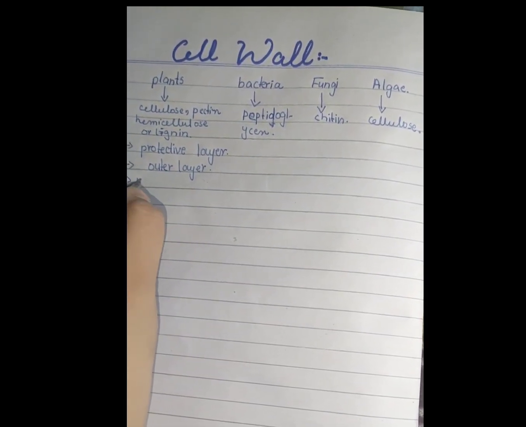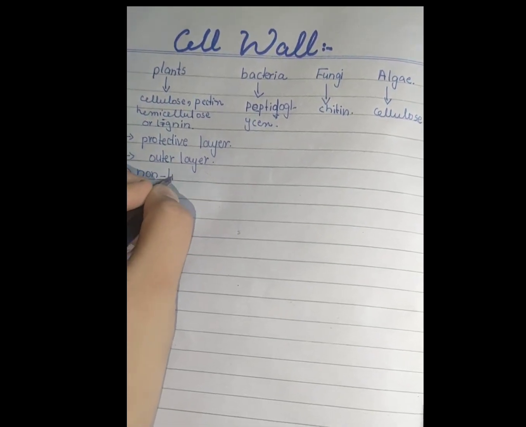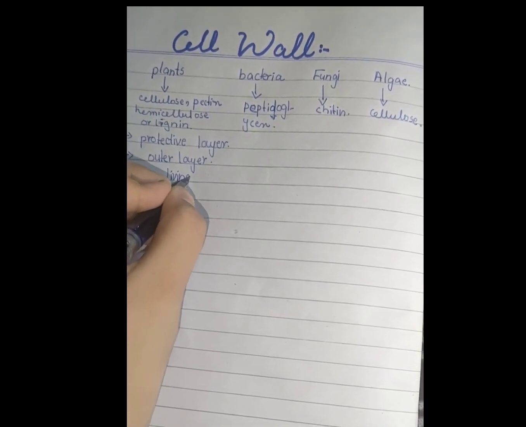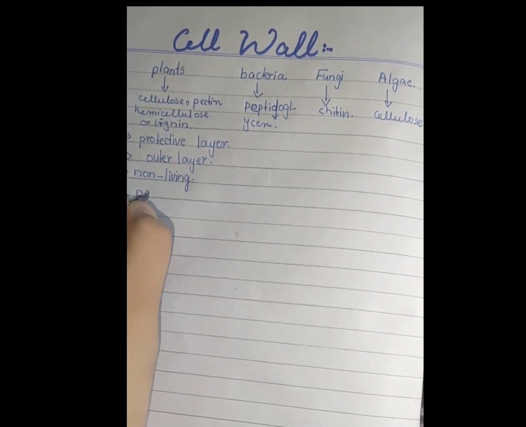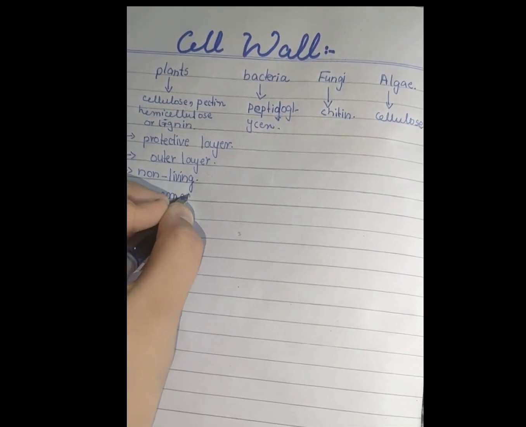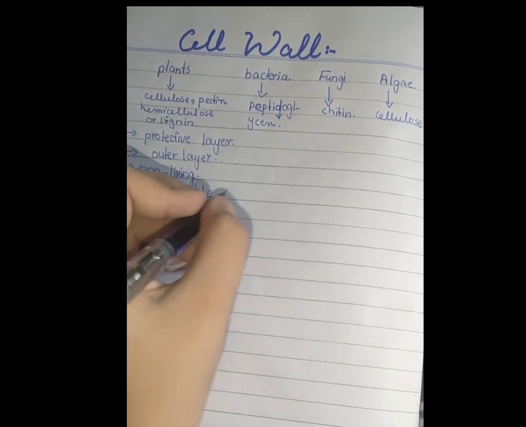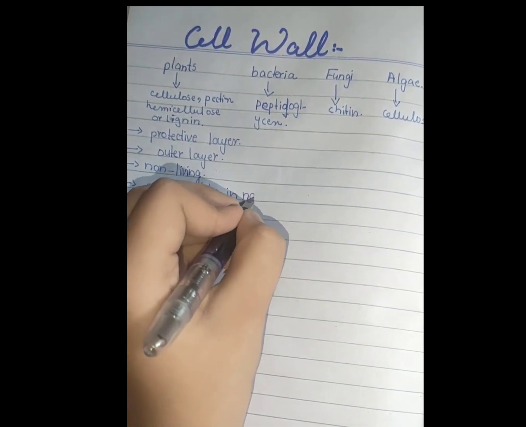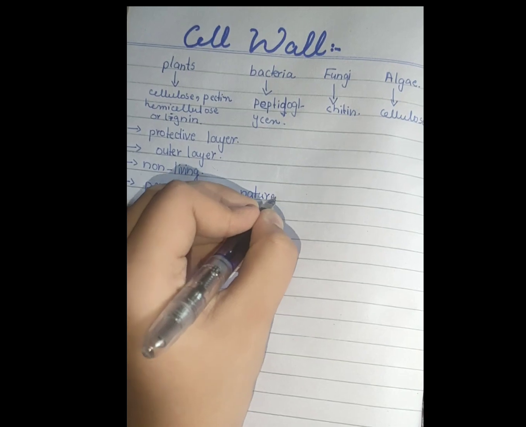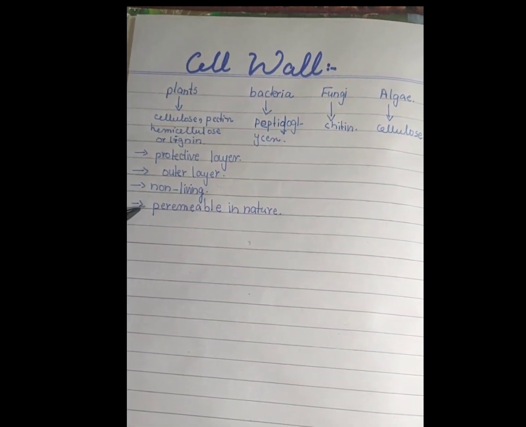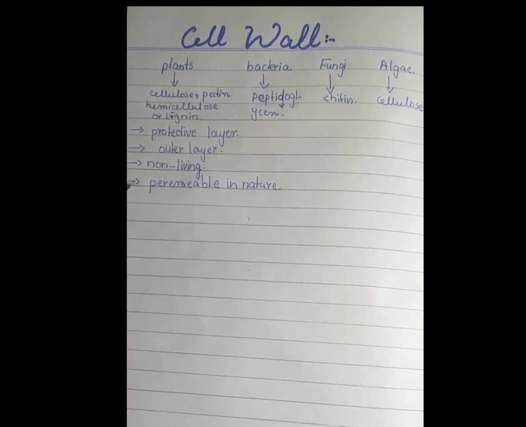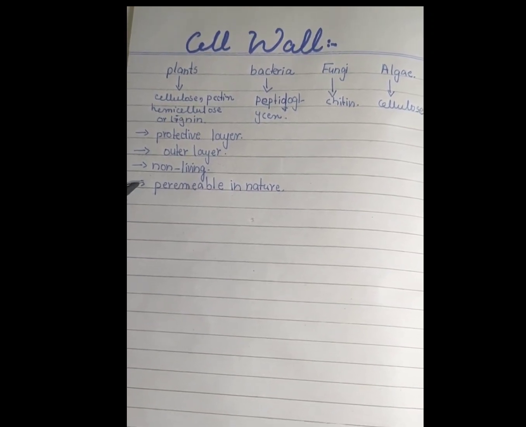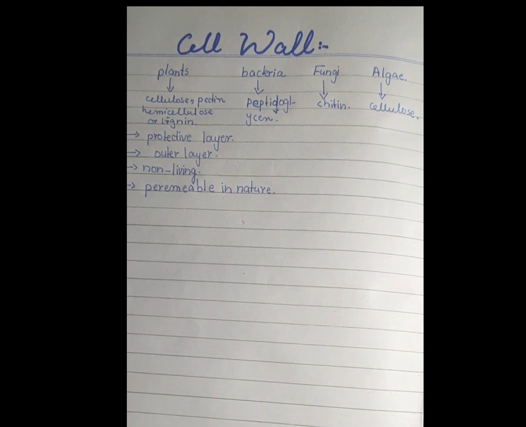Third, this is non-living. Fourth, this is permeable in nature. Permeable means it can allow water or the diffusion process. The water can come in and the waste material can go outside, by diffusion.